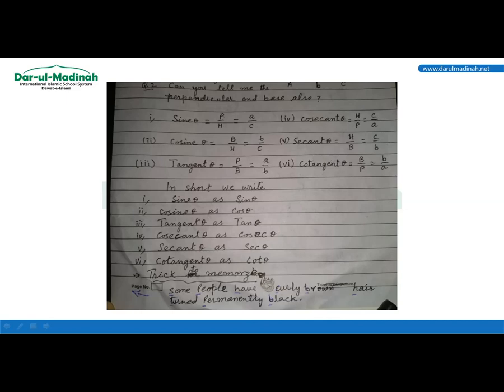The second trigonometric ratio is B upon H, base upon hypotenuse.